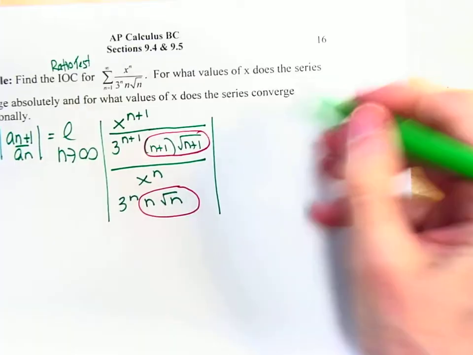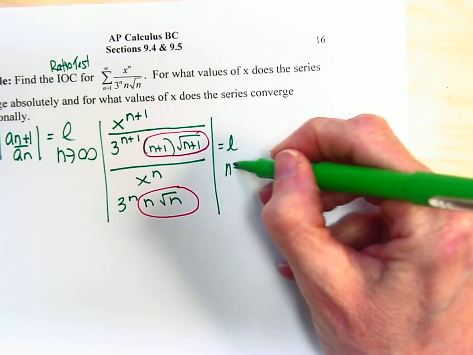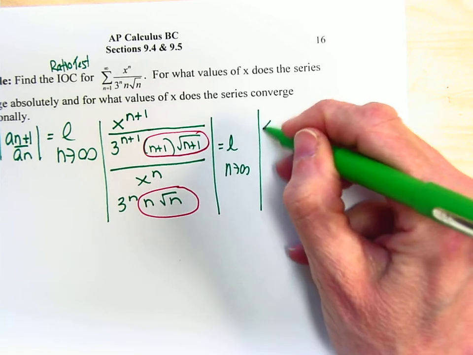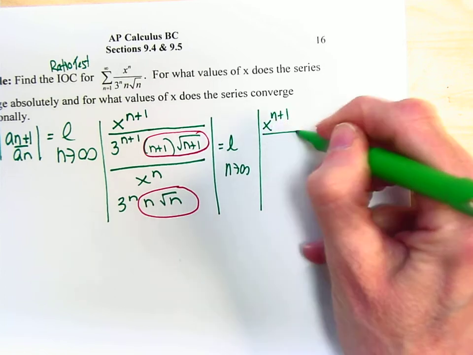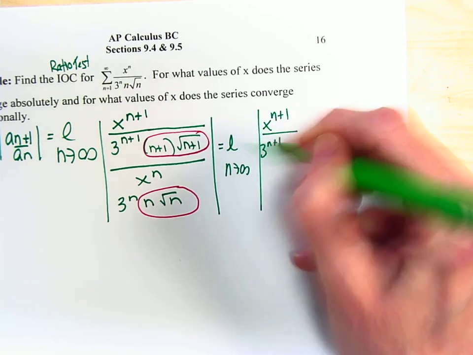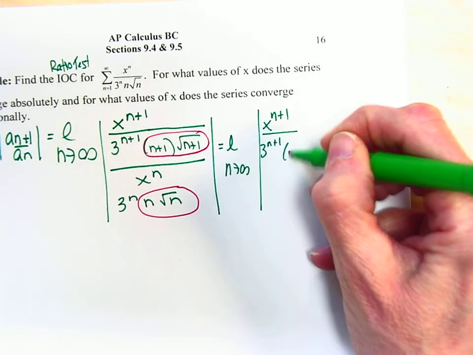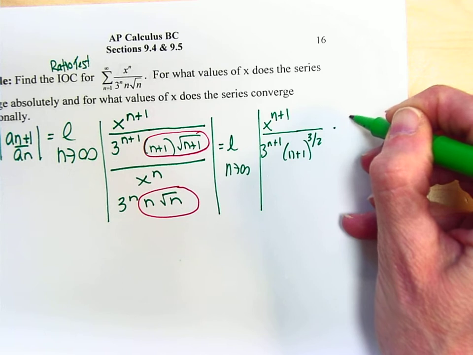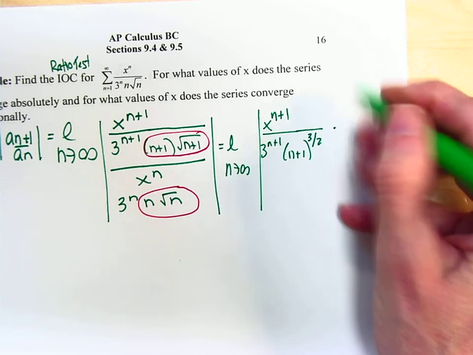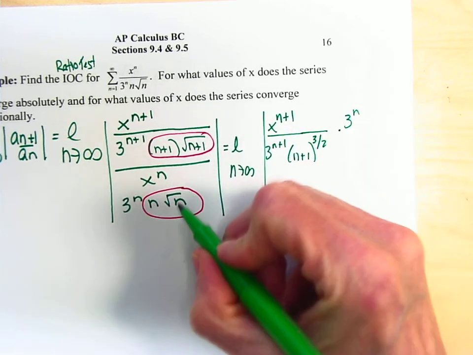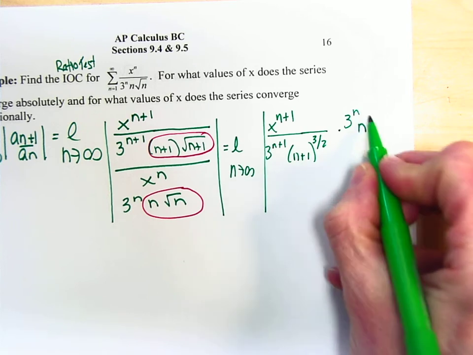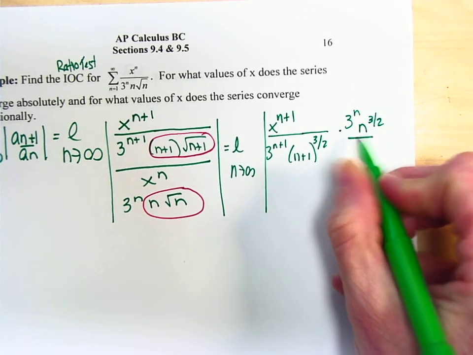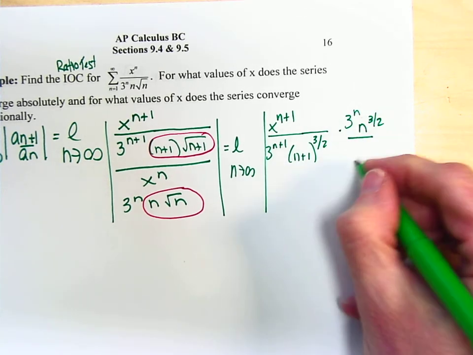So let's flip the guy so we can get this into a form that'll allow us to simplify. 3 to the n plus 1, and I'm going to rewrite this as n plus 1 to the 3 halves. And that's being multiplied by 3 to the n. This I will rewrite as n to the 3 halves all over x to the n.